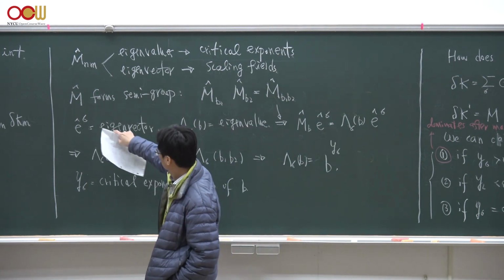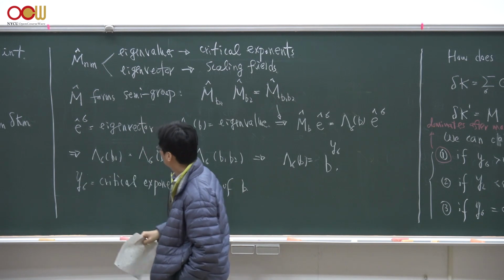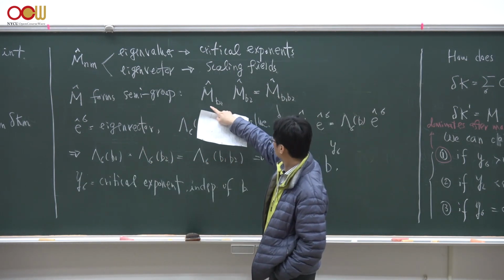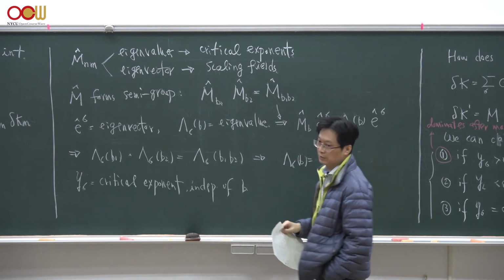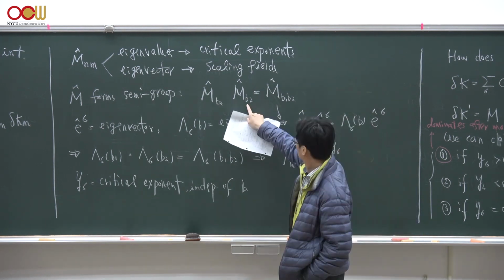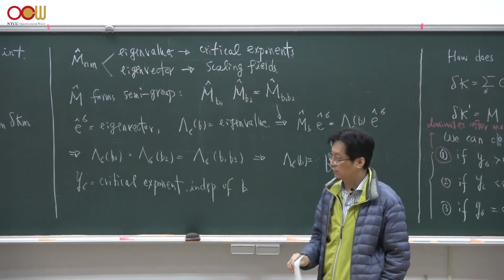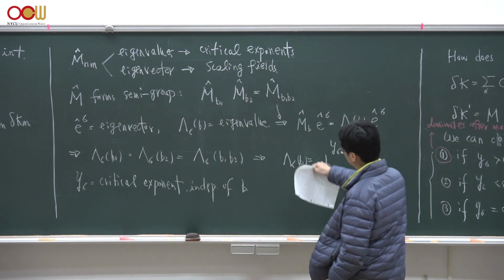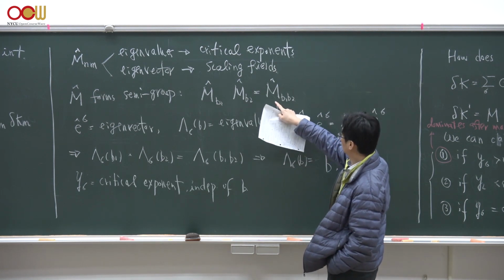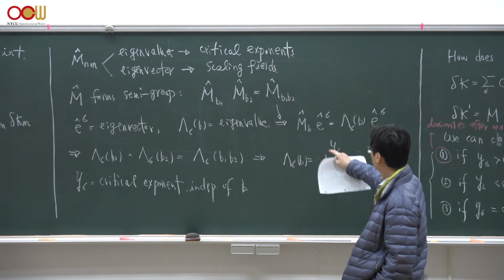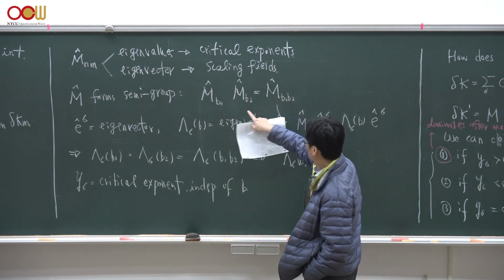Okay, and very importantly, this matrix M forms a so-called semi-group, because if you successively perform this RG transformation twice, first by b2 scaling and then by b1, the resulting transformation could be represented by a single scaling, where the scale factor is nothing but b1 times b2.